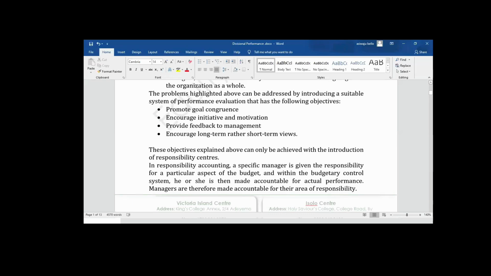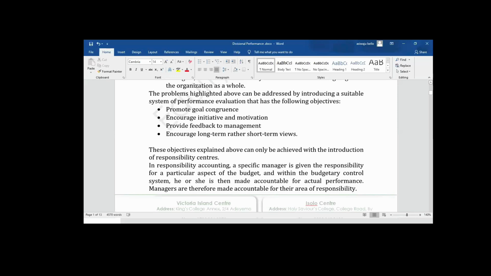I will take that again. When you say responsibility accounting, it means a designated individual, in brackets, a specific manager, is given the responsibility for a particular aspect of the company's budget.